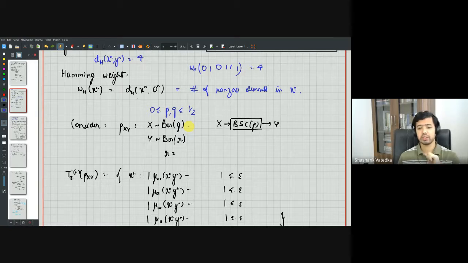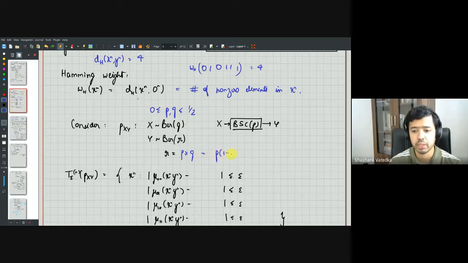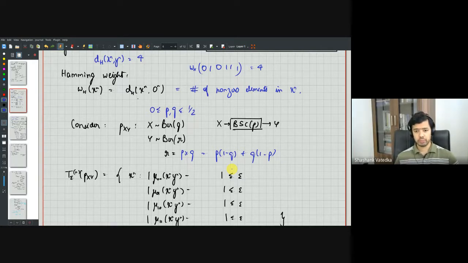What is the probability that y is equal to 1? y will be p star q, where p star q is p into 1 minus q plus q into 1 minus p. Okay, good. So this is what y will be.